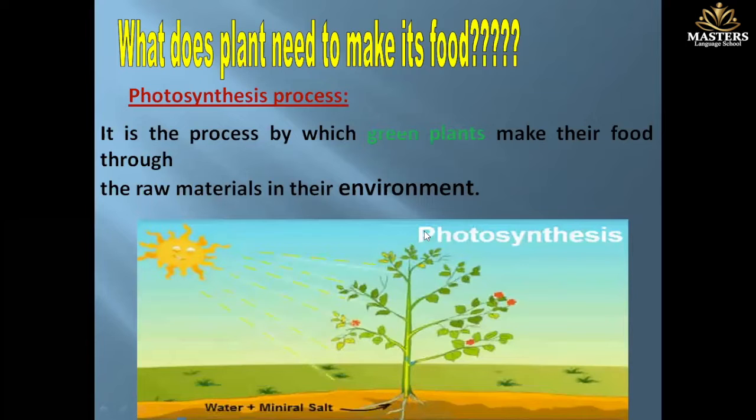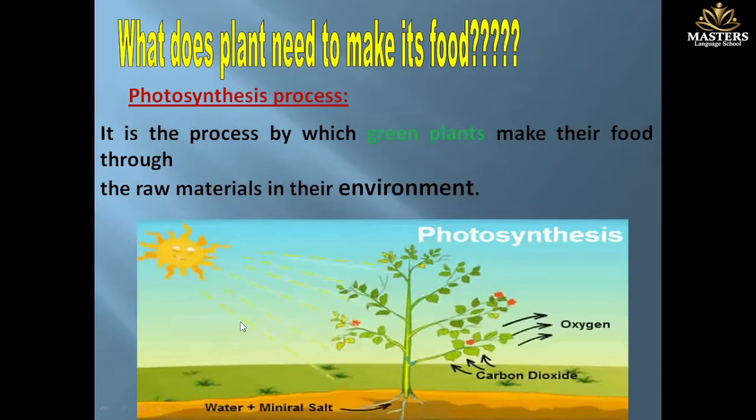The photosynthesis process occurs when the plant leaves absorb carbon dioxide from the air, and the root hairs absorb water and mineral salts such as phosphorus, magnesium, calcium, nitrogen, and zinc from the soil.